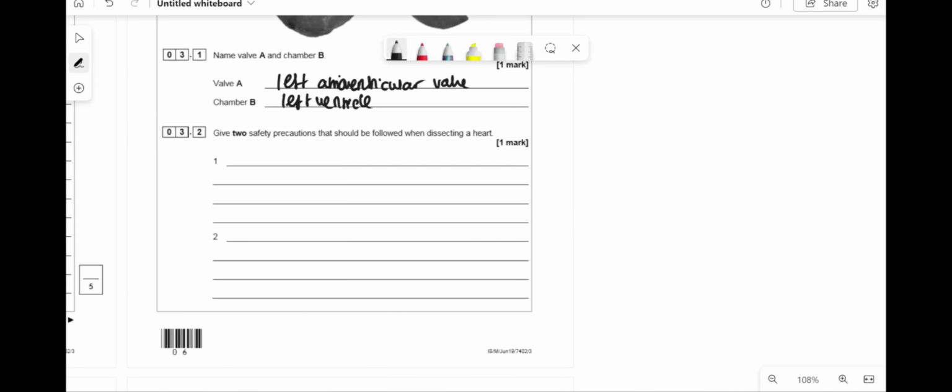Okay, so it says give 2 safety precautions when dissecting a heart. It says ignore goggles and very basic things like take care with scissors, because let's be real here, those are pretty obvious. So I would say something like wear gloves or wash hands, cut away from yourself or from others, cut on a hard surface, disinfect equipment, stuff like that.